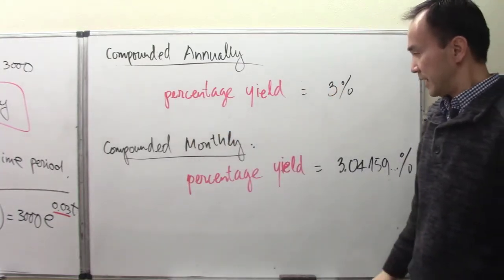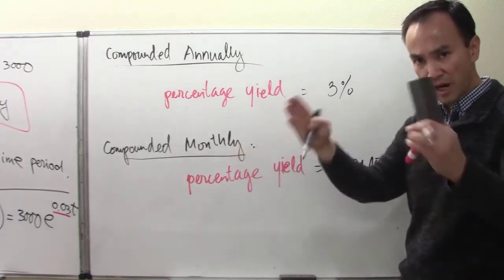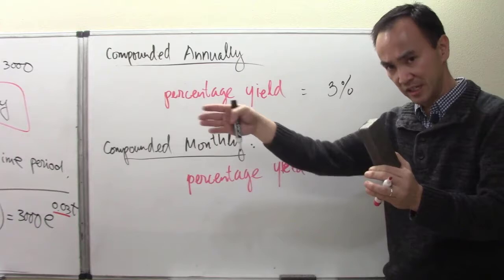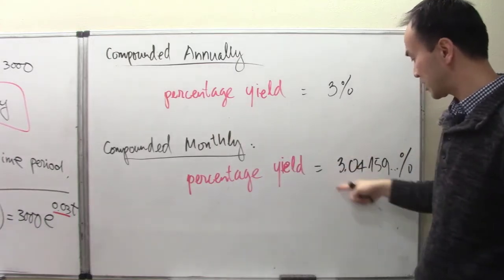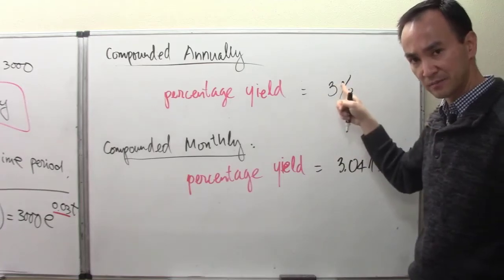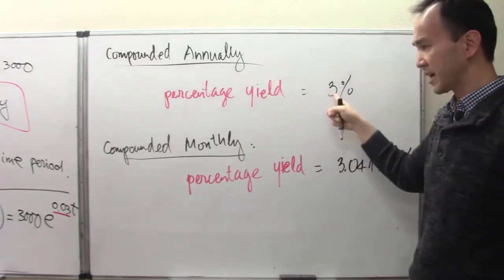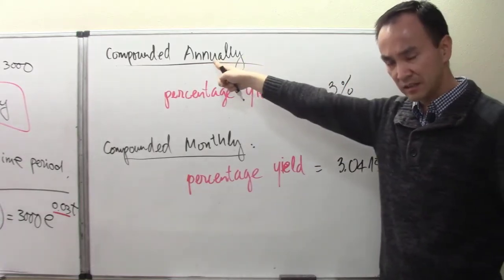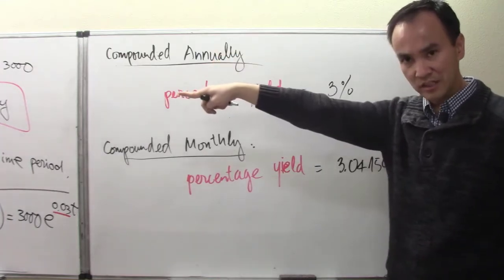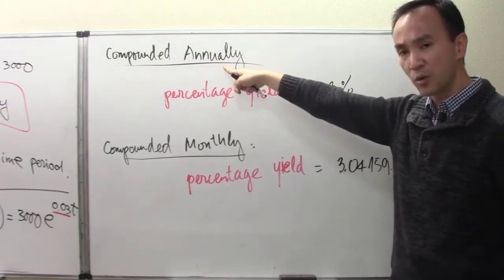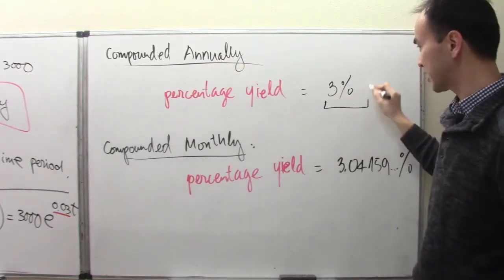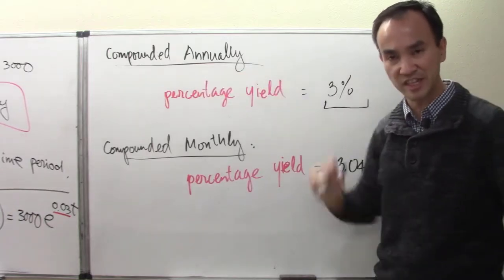Monthly means in 1 year we are compounding our interest 12 times, and that's what resulted in this percentage yield being higher than the percentage yield of 3%. Here the number of compounding periods is exactly the default, just once in every default time period, so this percentage yield stays exactly the same as whatever is stated in the problem.